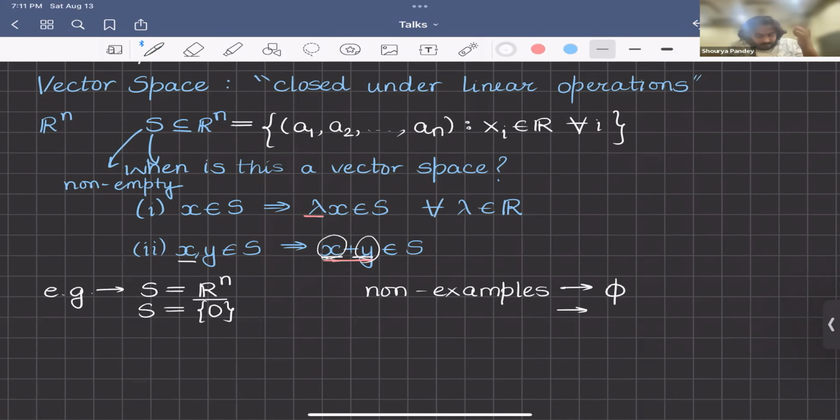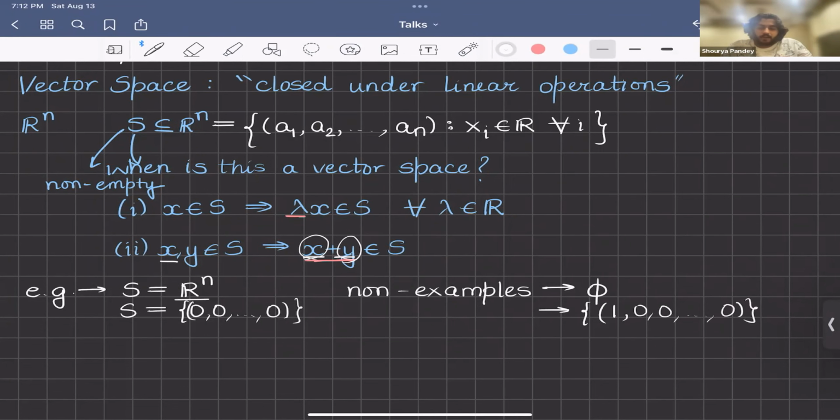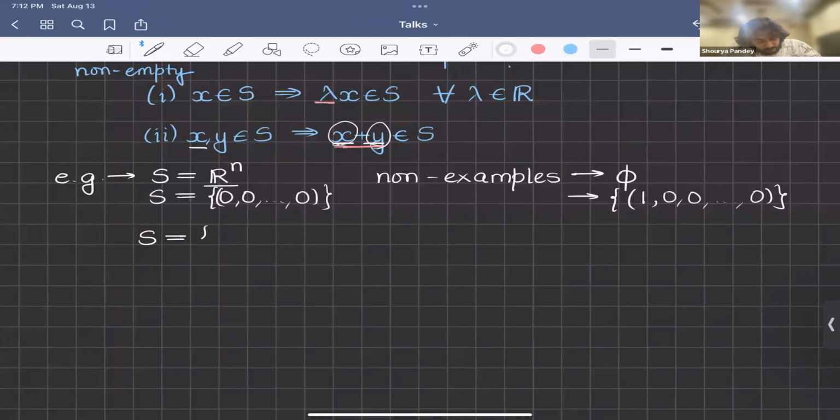By zero I mean just the vector 0, 0, 0. This is an example, but let's say we take a singleton set containing, say, 1, 0, 0. This is not a vector space, right? Because the double of this is not in the set. So can you give me more examples of vector spaces?